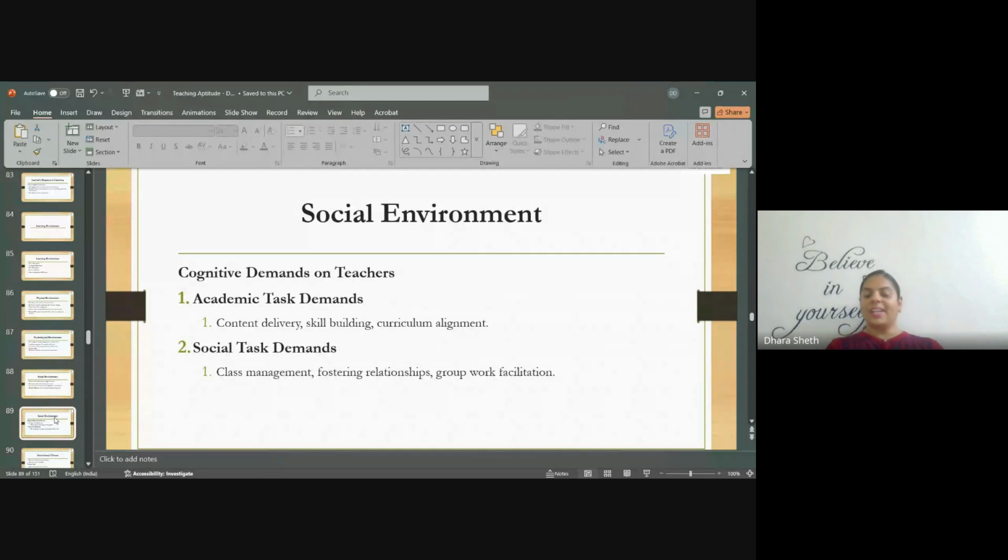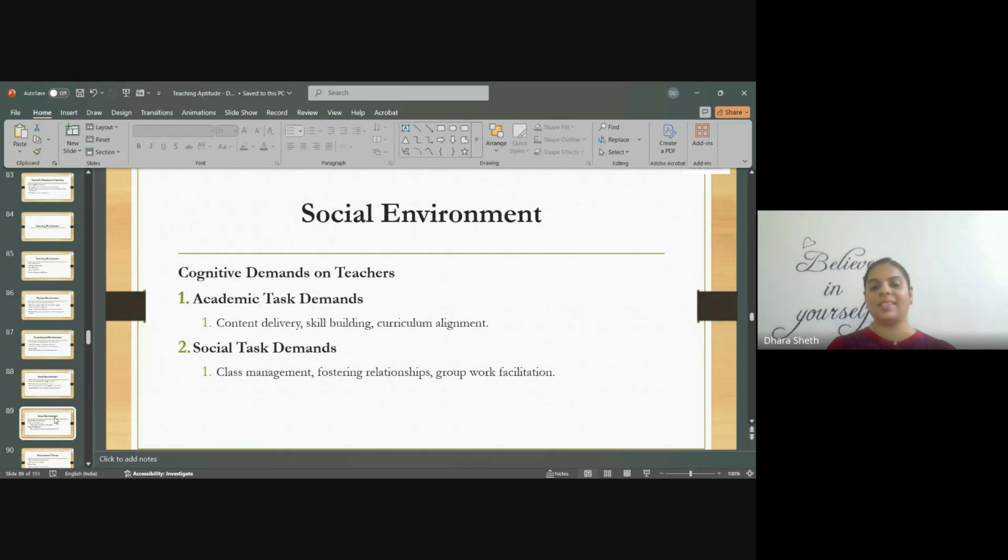So what are the cognitive demands on teachers? The academic task: the content delivery, skill building and curricular alignment has to be there. But when it comes to social task, the teachers have to manage the class, foster relationships between students, teacher-student relationship and student-student relationship, and facilitate group work so that students work in groups, they learn individually on their own, apart from just learning theory, and practical learning also happens.